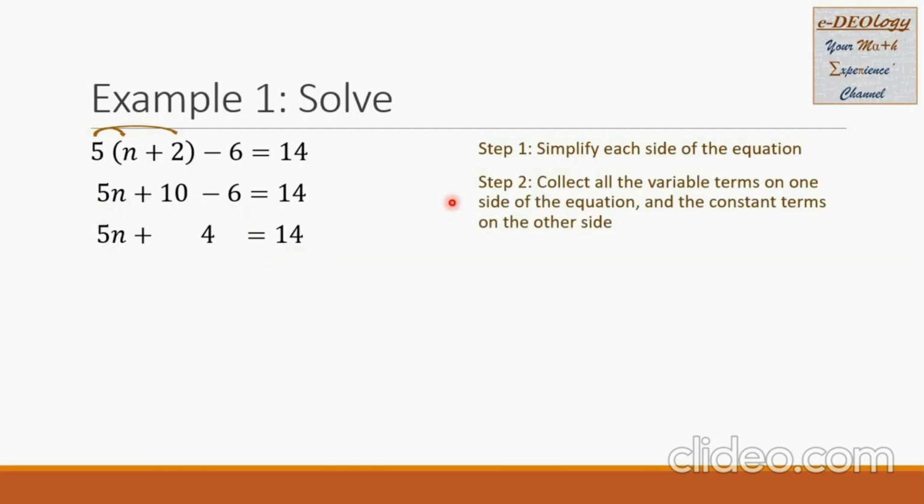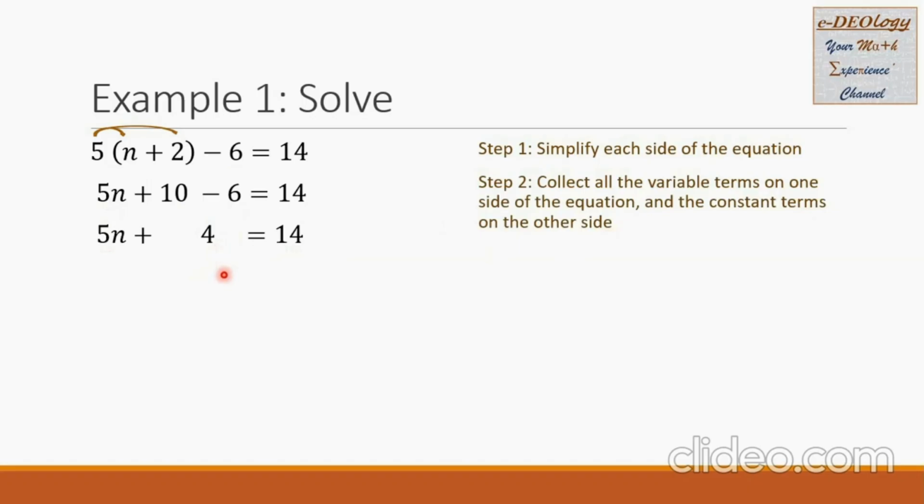Now, let us go to step 2 to collect all the variable terms on one side of the equation. We have only one variable term here, and it is the 5n. It is on the left side. And then the constant terms on the other side. It means this 4 here should not be here.